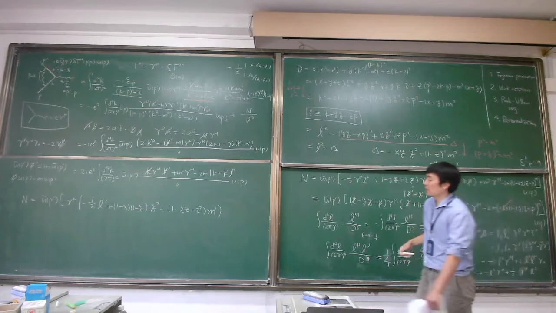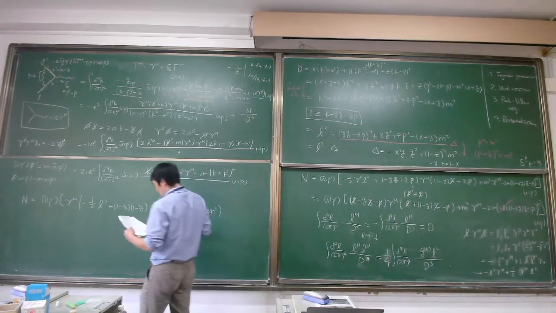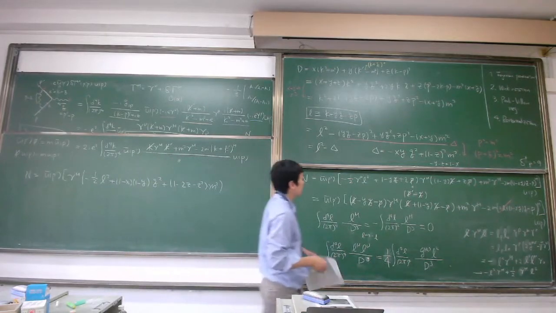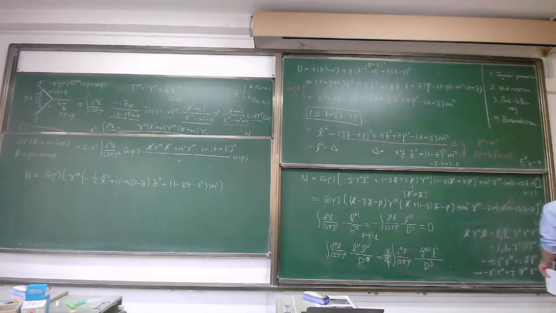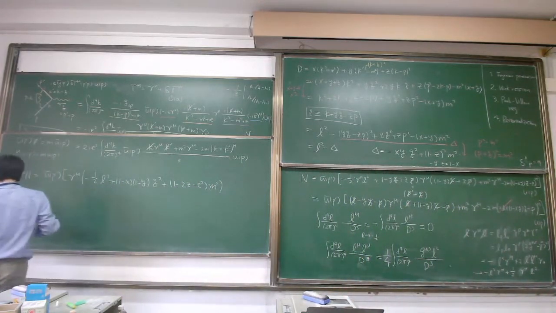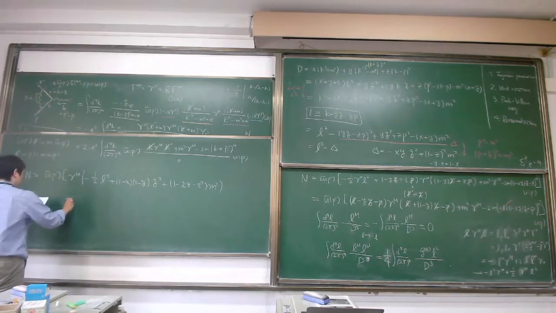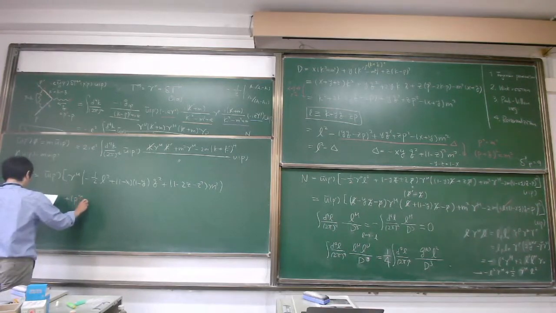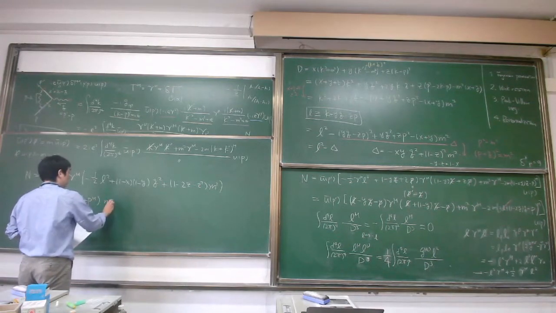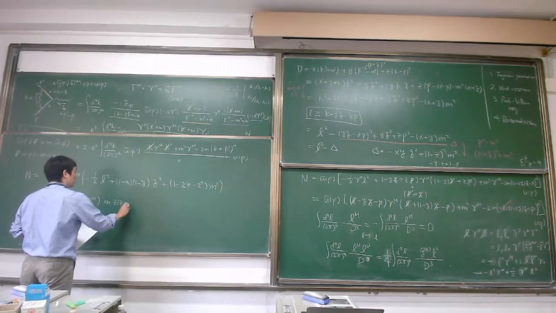And then at the end of the day, you can get this. Yeah, so it's a tedious calculation, but if you do that, one can obtain this expression. And also, there's some term which is proportional to p prime mu m times z and z minus 1.